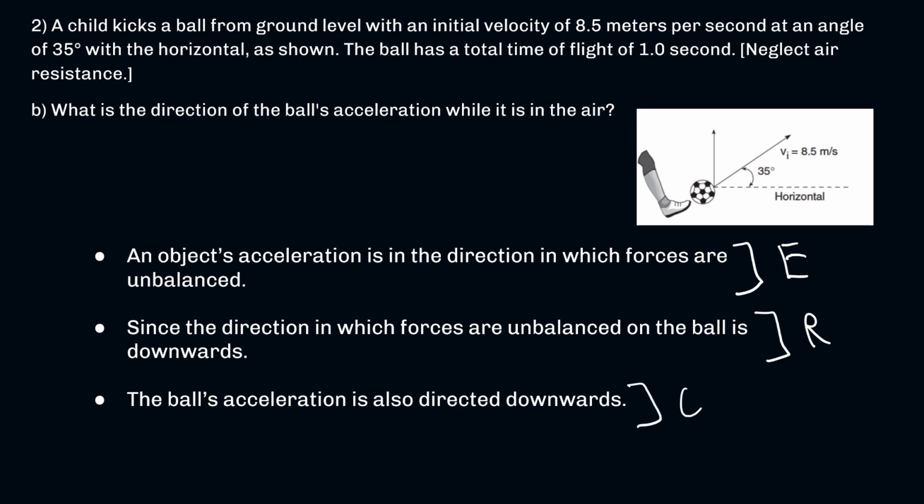That should make sense because I have a vertical acceleration. I do not have a horizontal acceleration because I have no forces that are unbalanced in the horizontal direction. So let's now move into part C.